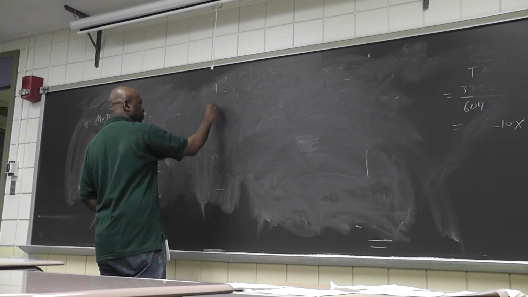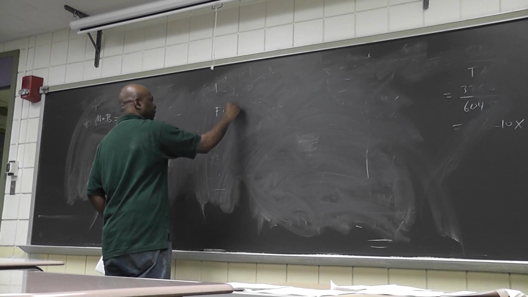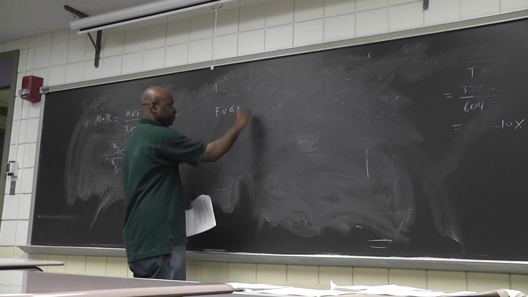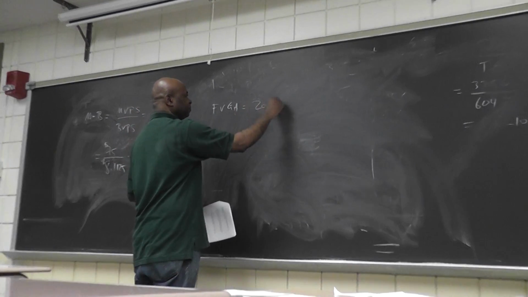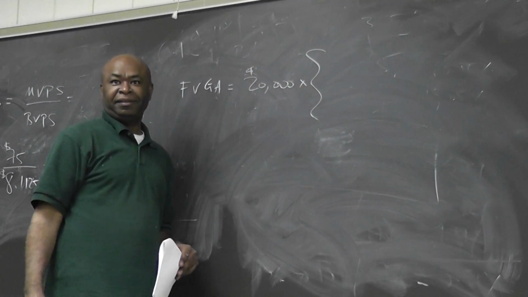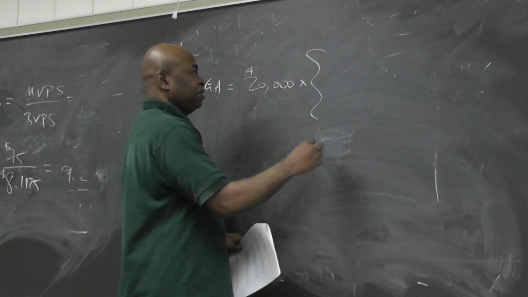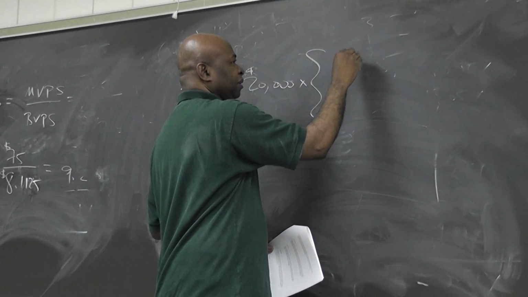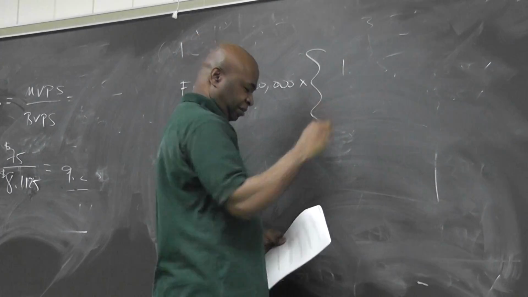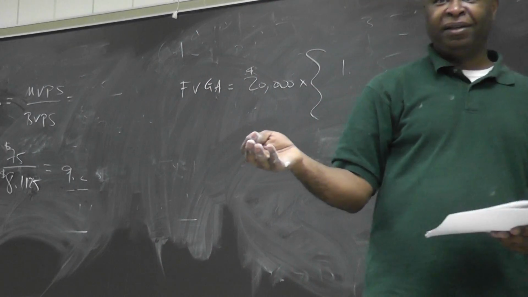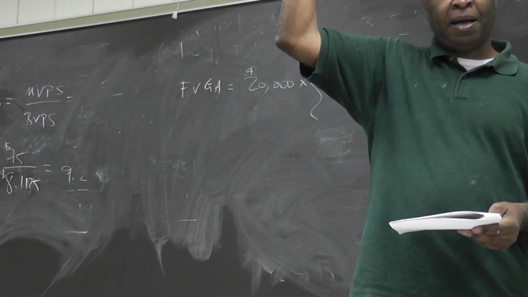So the future value of my growing annuity, the first cash flow here is going to be 20,000, times the annuity factor, right? Because it is a future value of a growing annuity, it's 1 plus r raised to the power n.